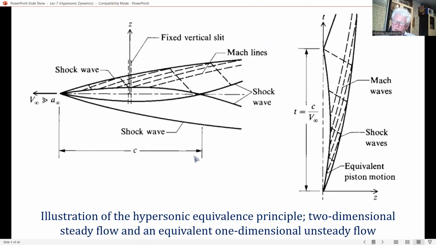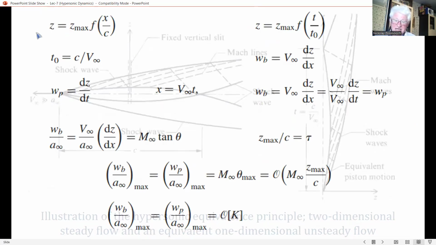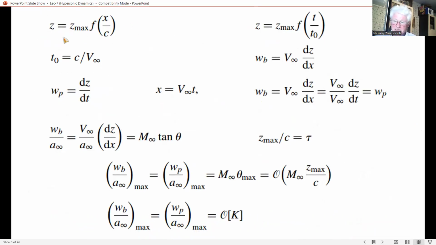But note that if the airfoil shape is given by this expression, with a maximum z and a function f of x over c, then the equivalent piston motion is described on the right side, z proportional to z maximum times f of t over t naught.